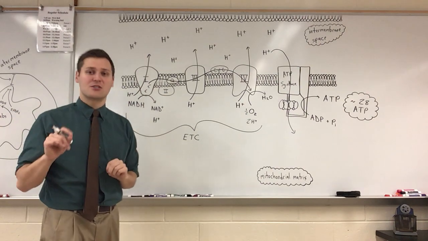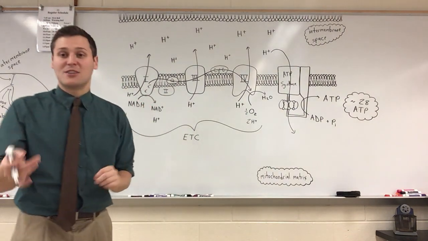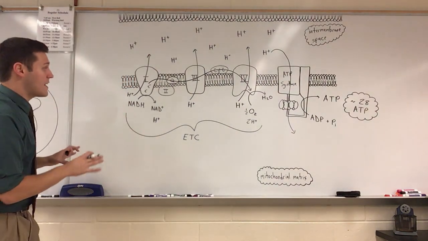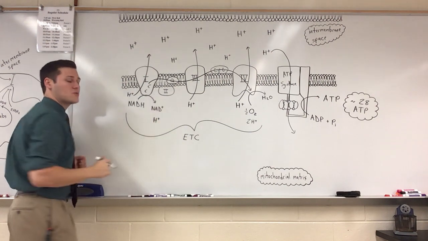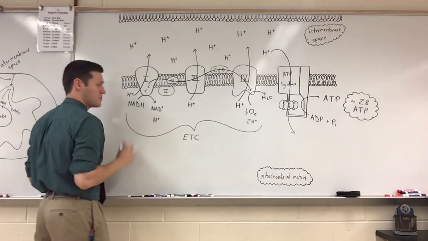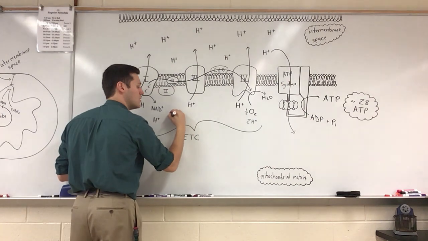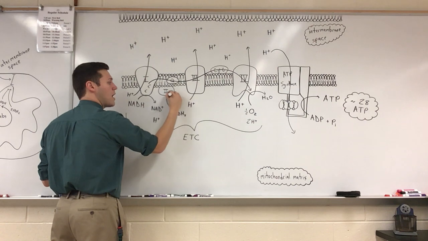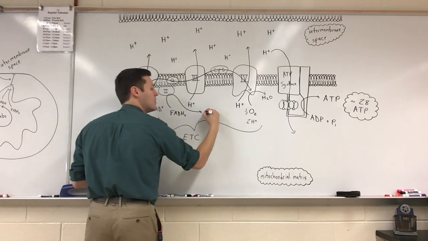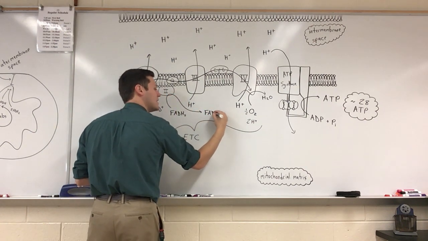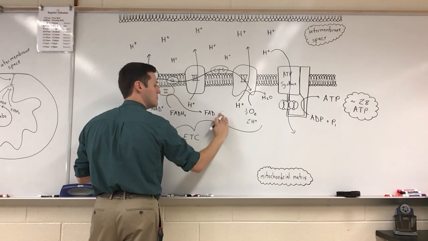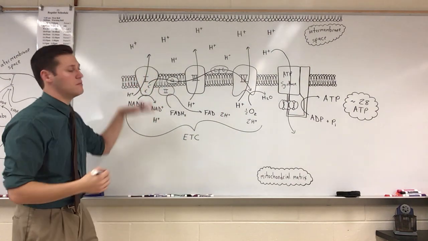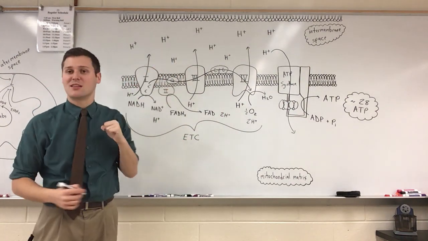Now, you might be asking yourself at this point, what about FADH2? Because I talked about that being an electron carrier, but I haven't mentioned it yet. And I also haven't mentioned this second protein complex here, so complex 2. At complex 2, FADH2 will drop off its electrons, become FAD, and release two hydrogen ions, which will then probably be pumped out into the intermembrane space.